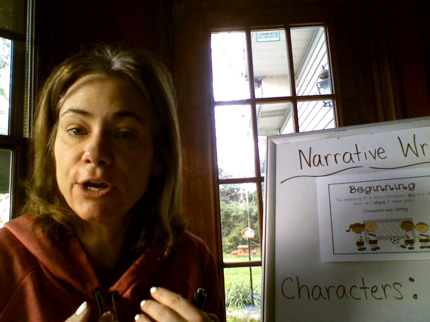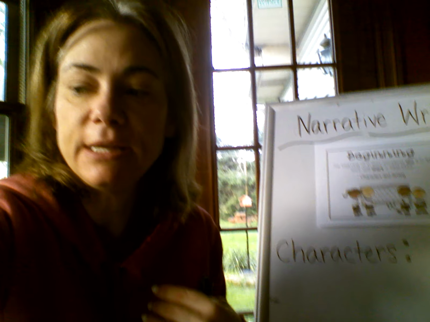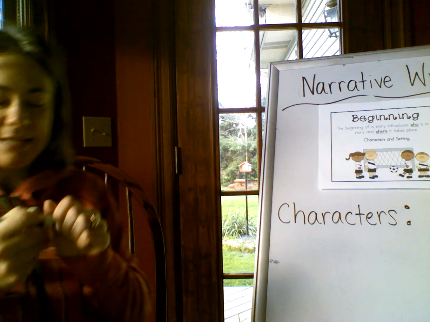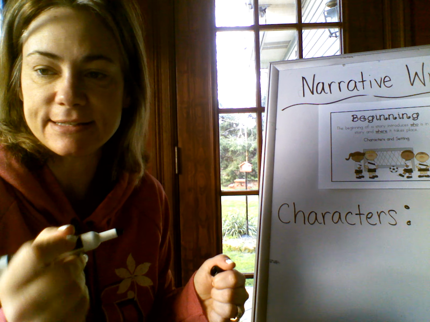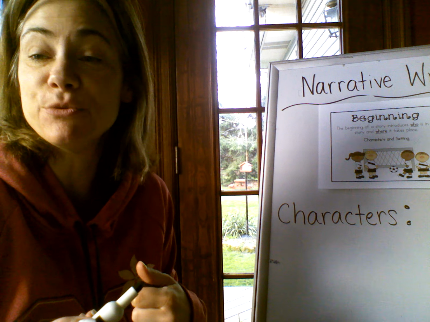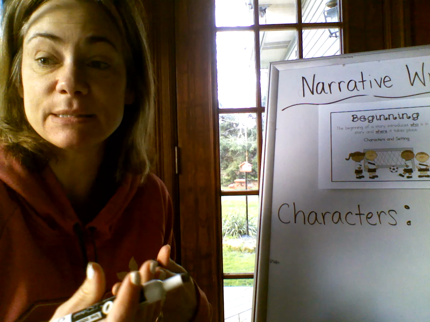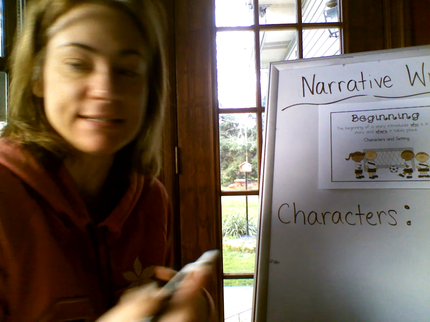So the characters in my story today are going to be people that I know. So my characters are going to be my kids. I know them. But now if you want to write about something that's pretend, you can do that too. I'm going to write about Hannah, Zach, and Cassie today.